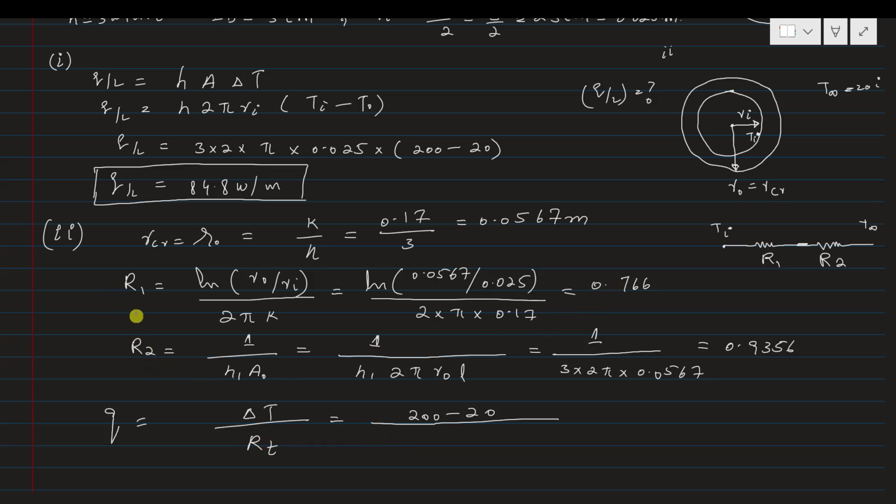R1 is 0.766 plus R2 is 0.9356. After simplification on the calculator, you get the heat loss per unit length for the second case, when insulation is provided, of 105.78 W/m. So these are our final answers.